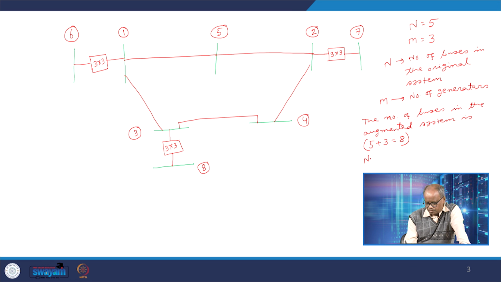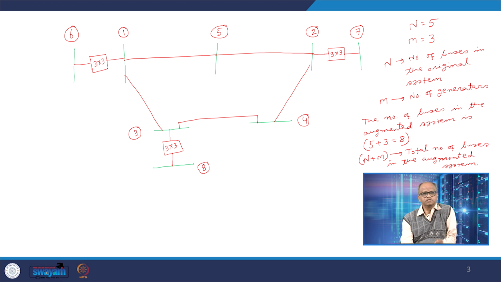So n plus m is the total number of buses in the augmented system.